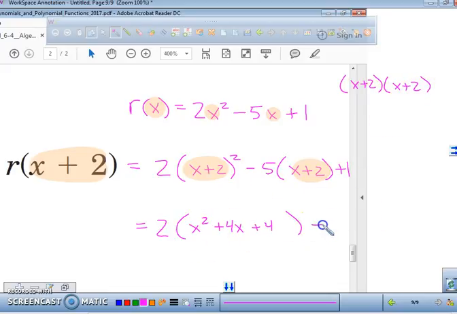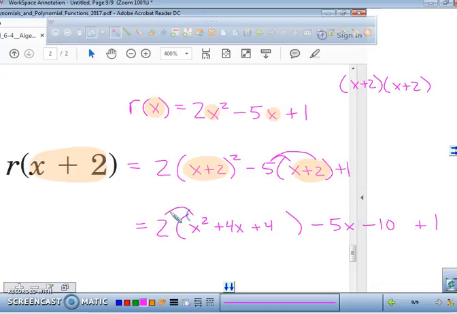Then I'm going to put minus. I'm going to distribute the negative 5 to both numbers. I'm going to get a minus 5x and a minus 10. And then at the very end, I'm going to put a plus 1. Negative 5 times x is a negative 5x. Negative 5 times 2 is a negative 10.